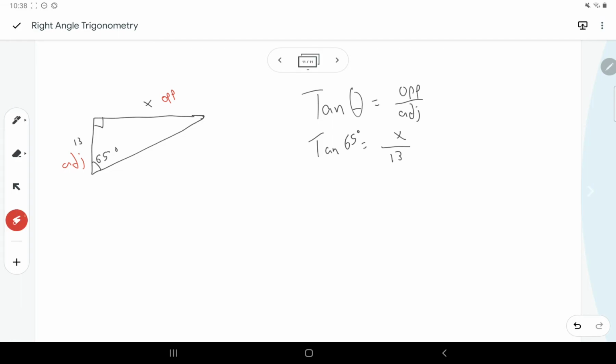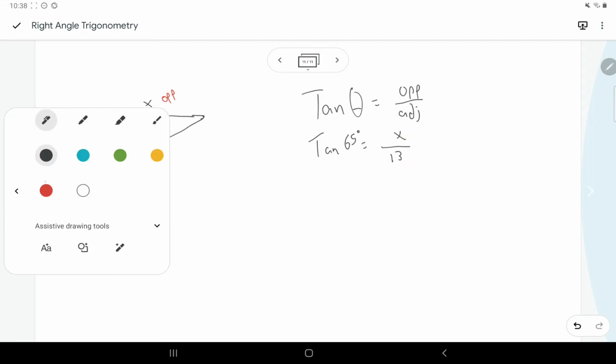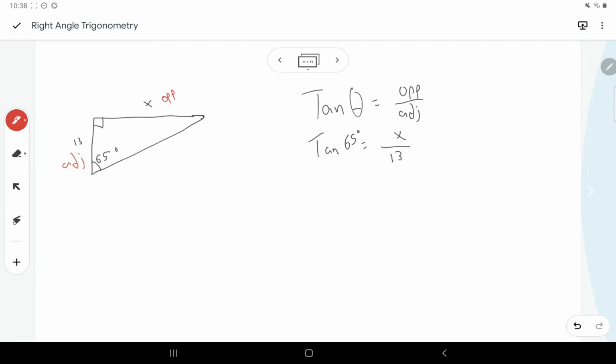Okay, so we want to get x on its own here. We've got to get rid of that divided by 13. So to get rid of something in math, we have to do its opposite, which means instead of divide, we're going to do times, and we're going to multiply by the thing we want to get rid of, so 13. Divided by 13 and times 13 cancel. And then we have to do the same thing to the other side to make it fair, because math is fair.